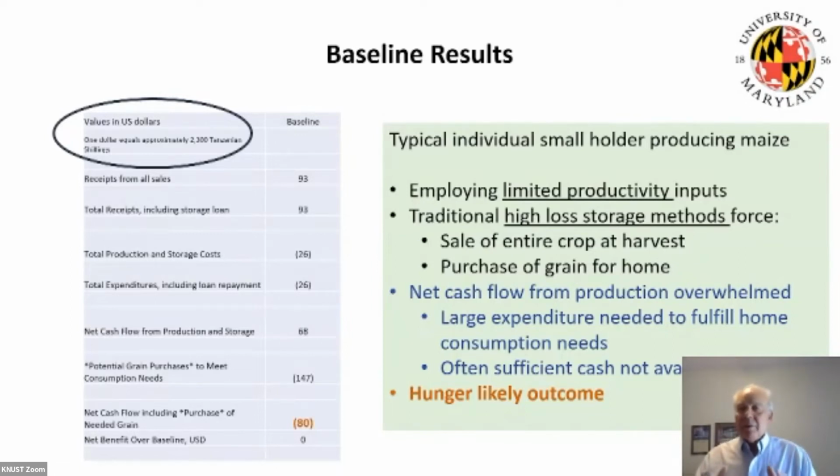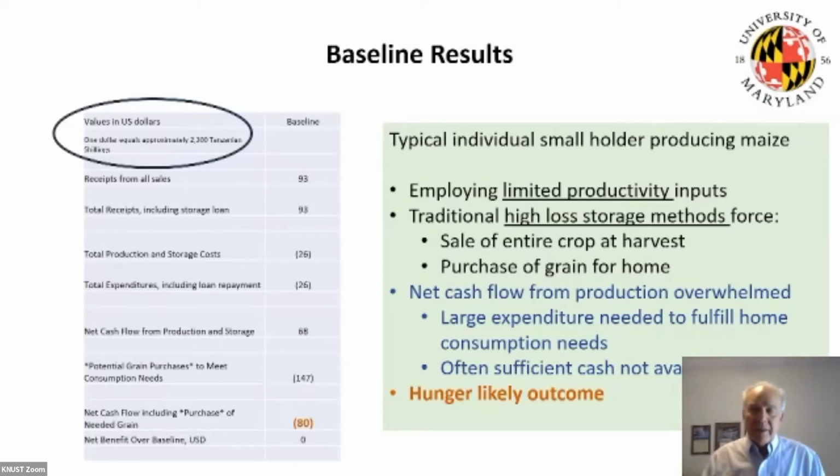In the baseline, we're looking at the situation that exists in central Tanzania in general. Farmers use limited productivity inputs, the tradition of saving some maize seed from last year's harvest as seed for next year's harvest. Low amounts of fertilizer, maybe some lack of confidence in the quality of the fertilizer.